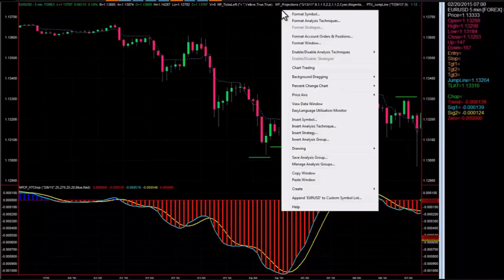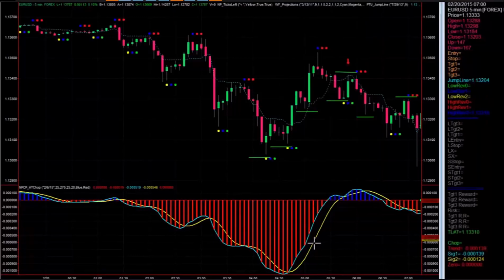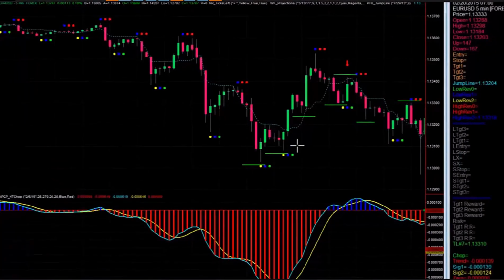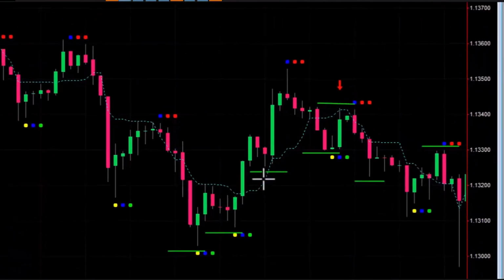Now if I go ahead and put on the dots, you'll notice that this is a failed swing level. And while this is a failed swing level, we don't have dots, and that's because it did not meet the requirement of 3 lower closes. There's only 2 lower closing bars.